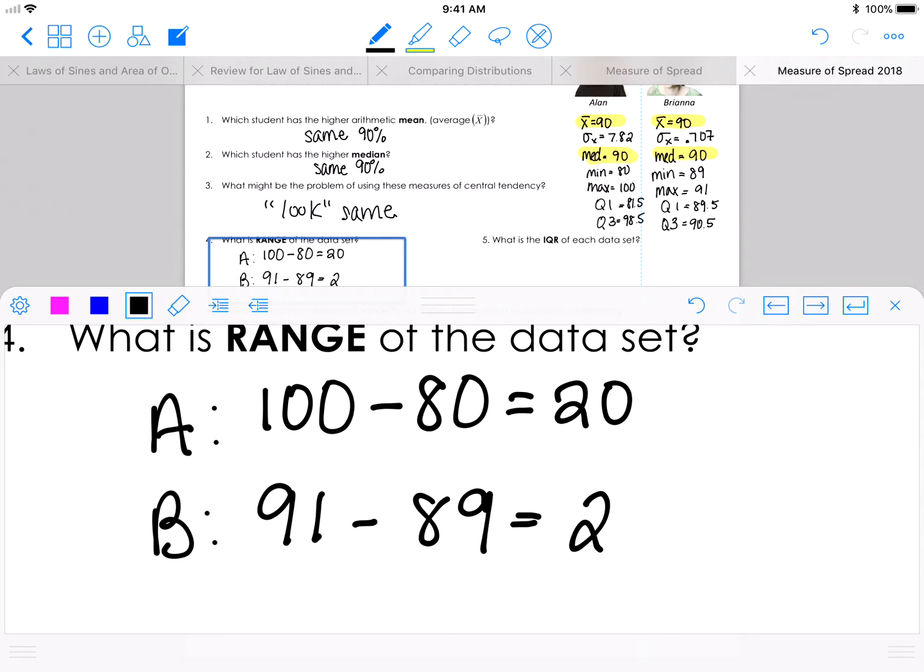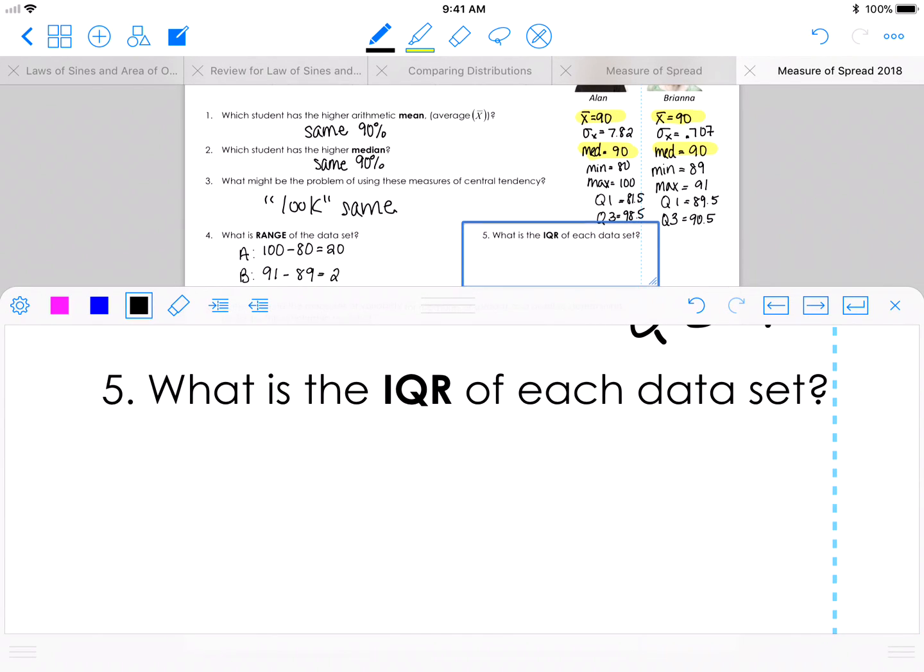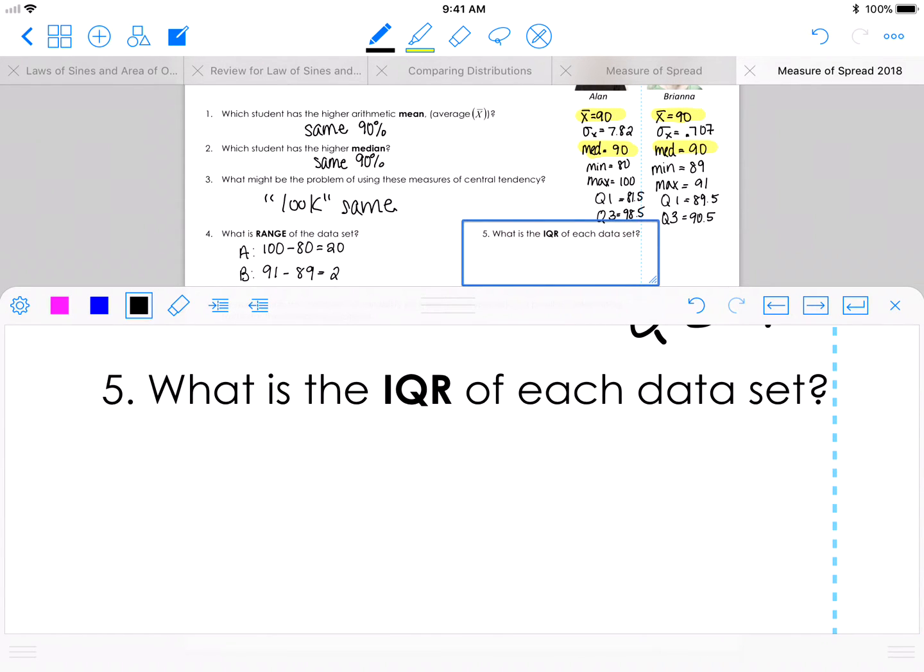So if we're looking at the range, what data would you choose? Would you choose the higher range or the lower range? Well, a higher range means you have more variation, more differentiation, whereas a smaller range means you do not.